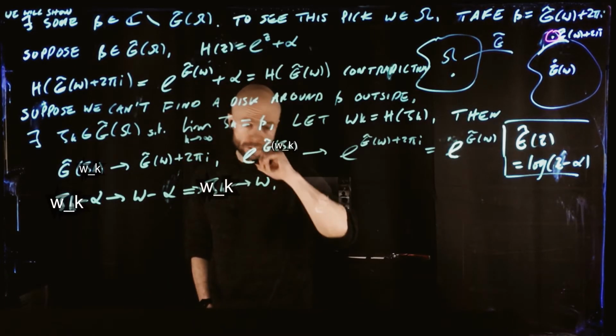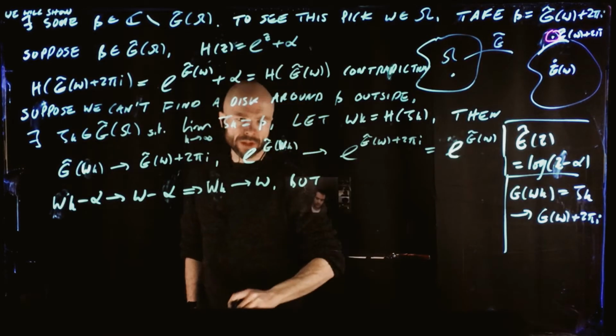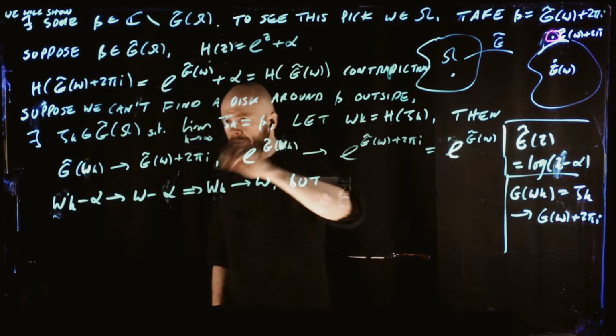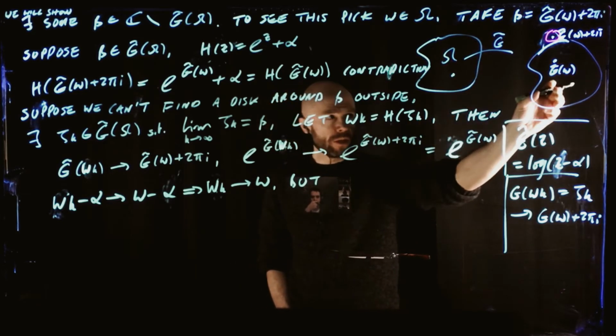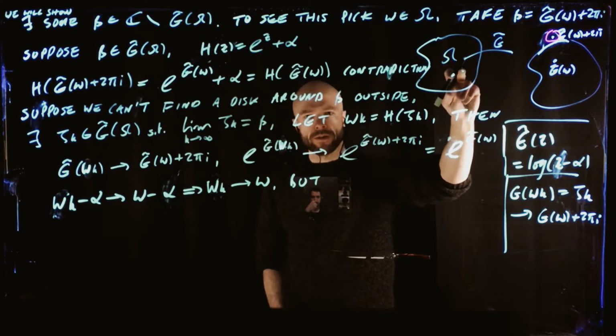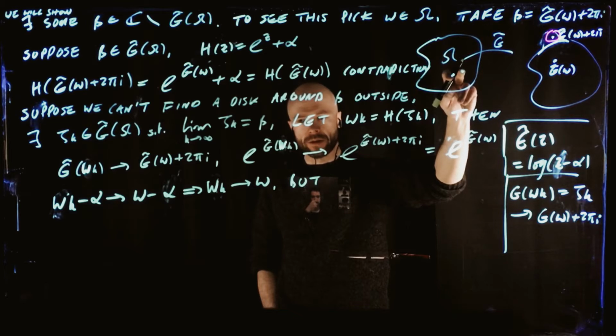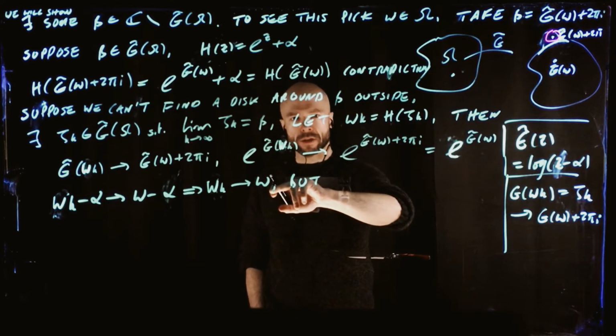Okay, but the wk are guys we got from going back from the image, so they are actually inside omega, and so is w, because we just picked a point inside omega.